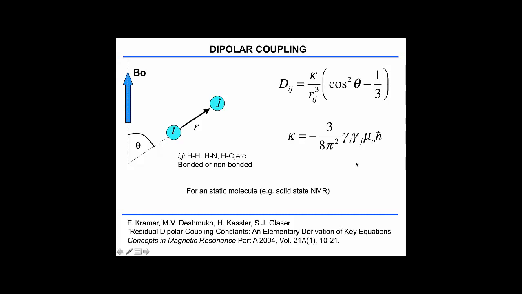On the other side, we already said that it depends on the cosine square of theta, where theta is the angle of the internuclear vector. This internuclear vector can be a couple of magnetically active spins, and they can be bonded or non-bonded.